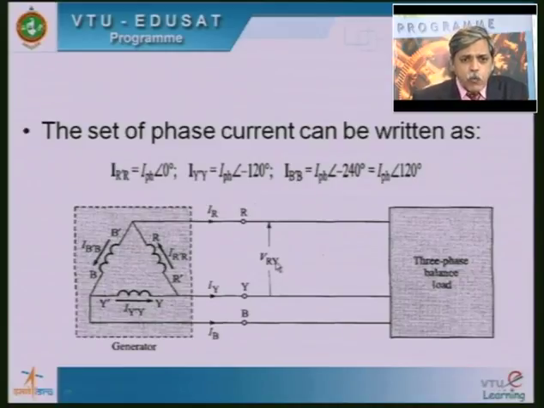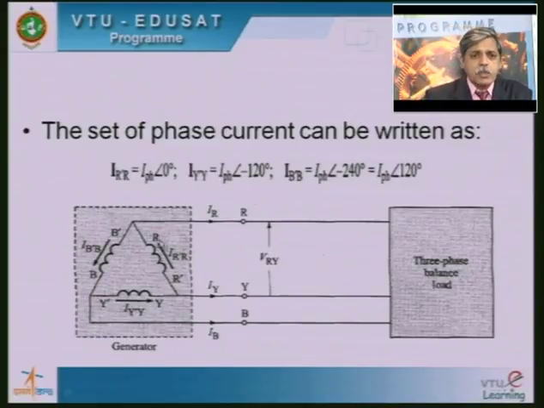If I replace R dash by Y, then I am measuring the voltage between the two lines. So the same phase voltage I am measuring across the winding, I am also measuring across the lines, R line, Y line and B line. Therefore, for the delta connected system, the phase voltage will be equal to the line voltage.